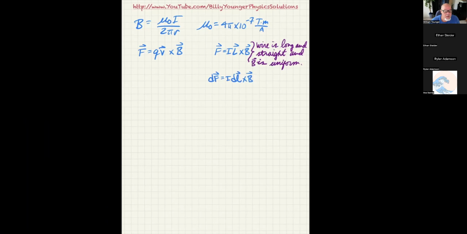One thing you want to know also, again, this is in the video and in the reading: when you cut a bar magnet in half, you don't make a north pole and a south pole that are now separated. You actually just make two more magnets, and each magnet has a north pole and a south pole.